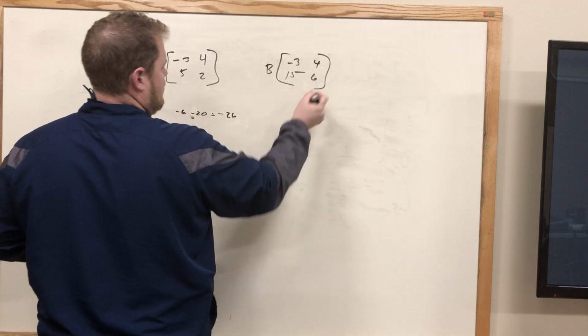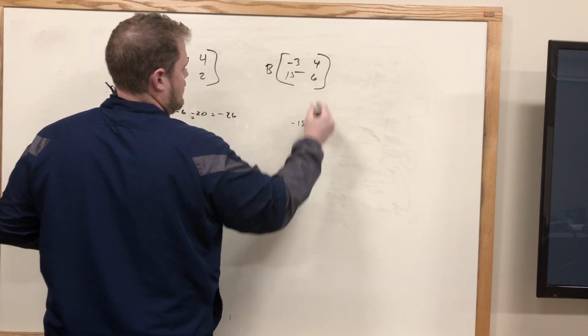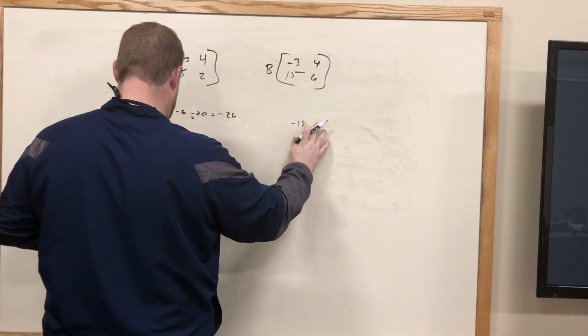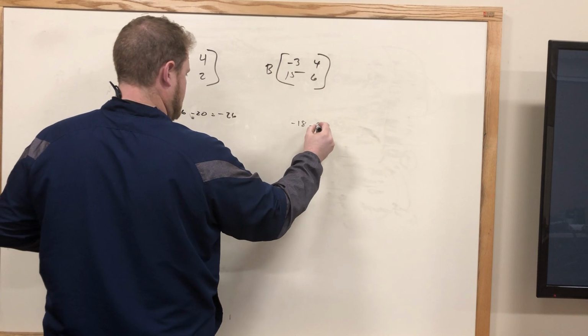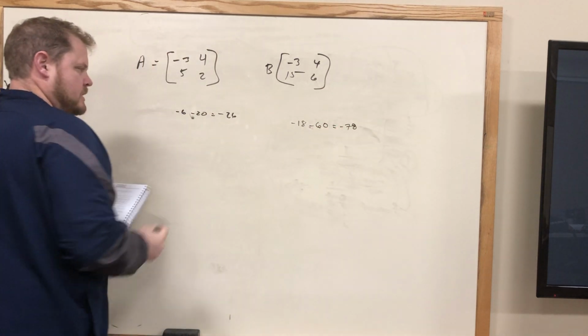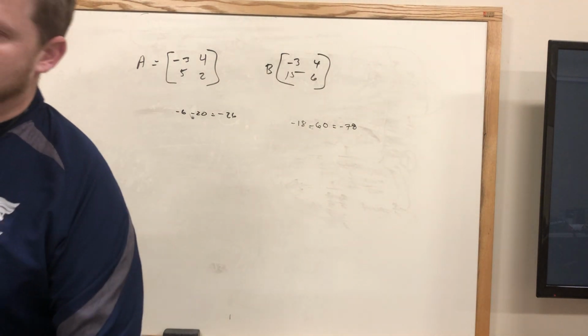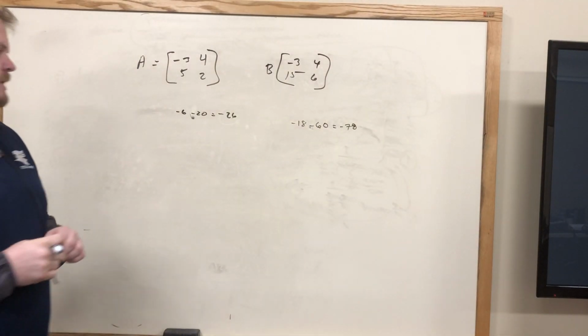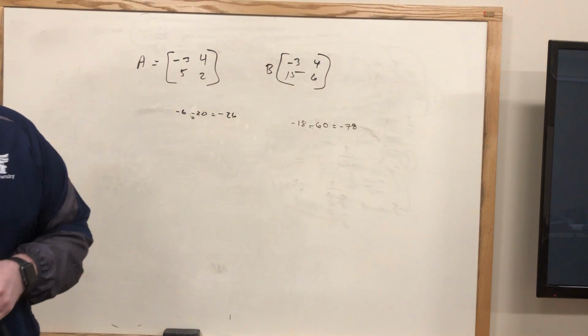What's this one going to be? -18 minus 60, -78. Well, can somebody tell me what -78 and -26 have in common?